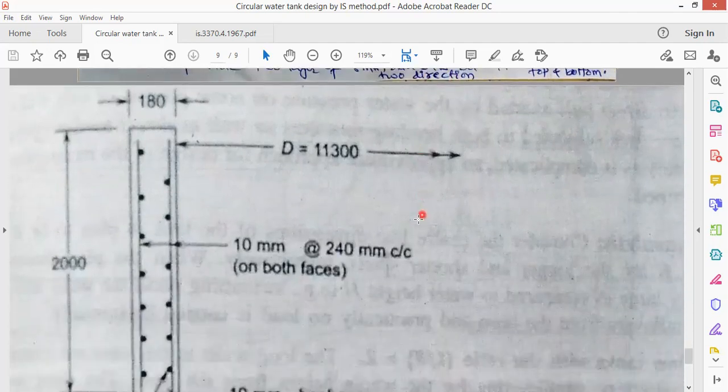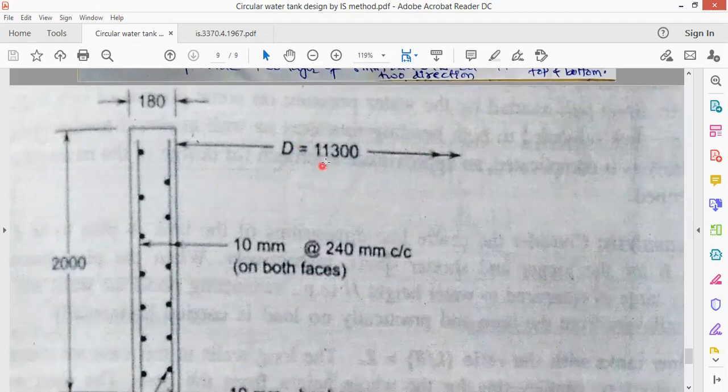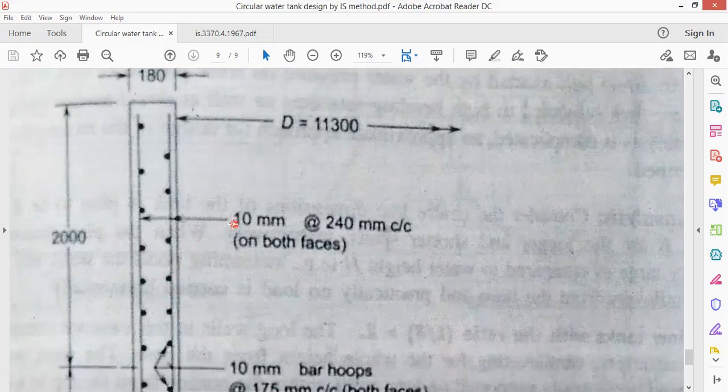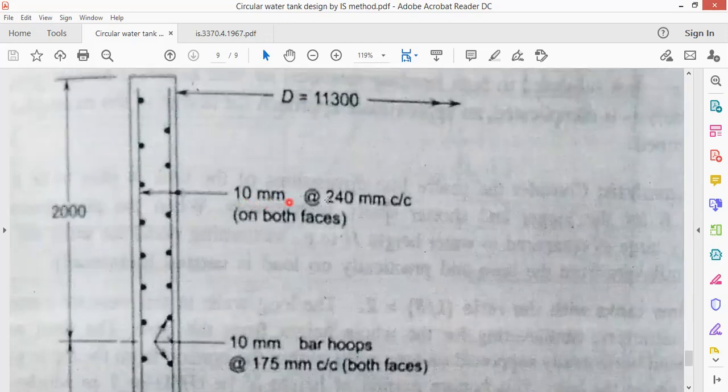So detailing of this is provided here. The vertical wall thickness is 180 mm, and the diameter is 1.13 meters we have calculated. Vertical bars are provided in alternate, by curtailing after the 1 meter height, 10 mm bars.